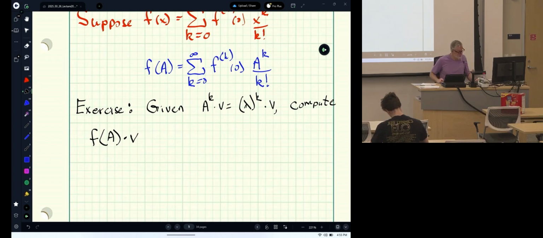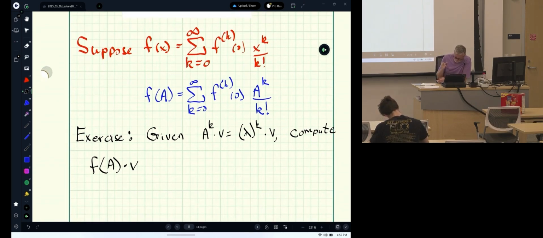It's your job. You've got 2 minutes. So take this power series, and if you prefer to put 1s for those derivatives, I don't care. But what do you get when you do f of A, an n by n matrix, and you multiply it times an eigenvector of the matrix A?